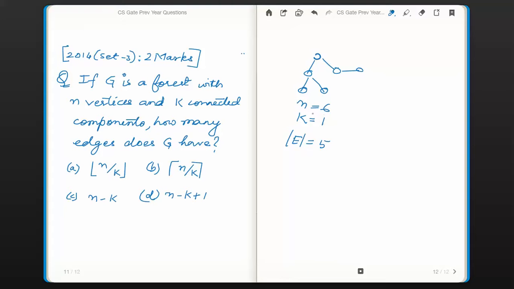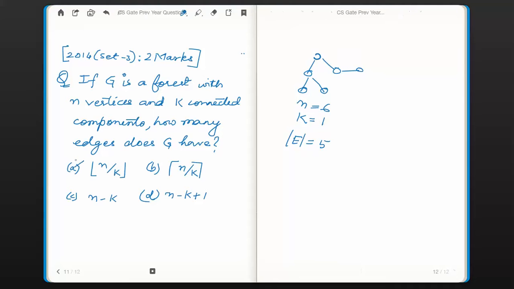Now using these values of n and k and putting them in the options, if we get a 5, then it is a candidate for being a valid option, and if we are not getting 5, then it would be eliminated. So if we put n equals 6 and k equals 1 here, we are getting a 6, so it is not a valid option because the number of edges should be 5.